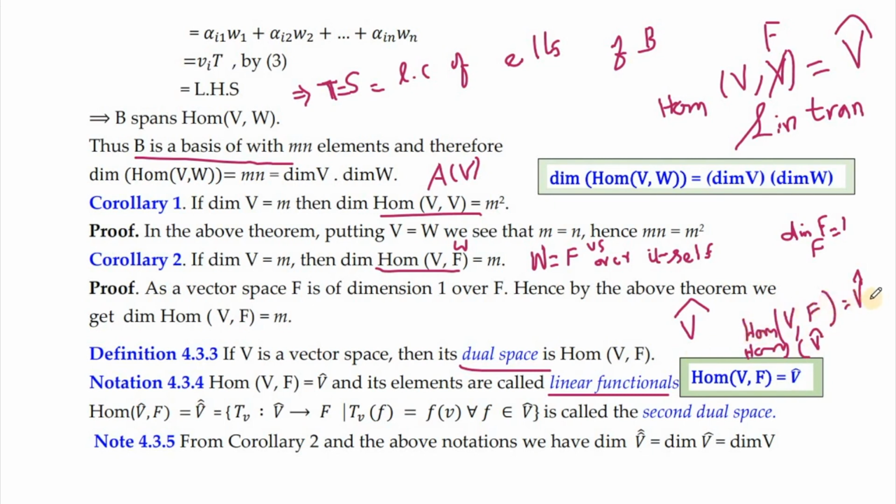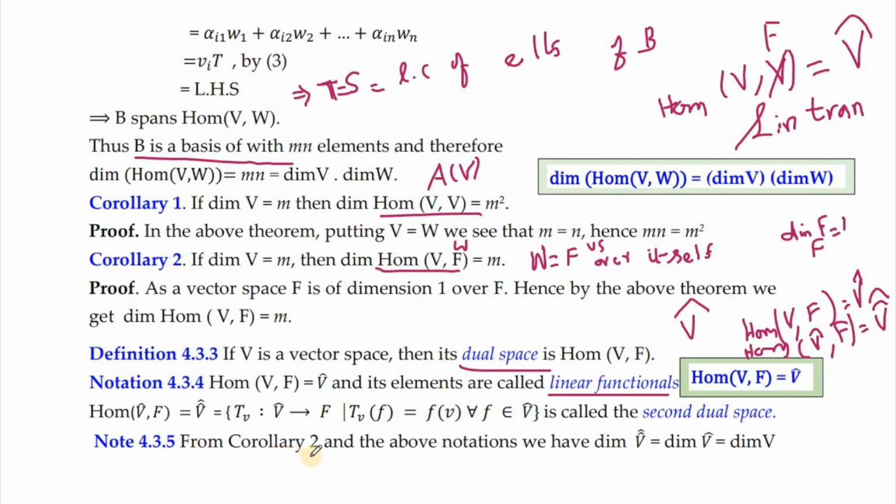This is named V cap and that is a vector space known already. So we can very well talk about Hom(V cap, F). That is denoted as V double cap and is called the second dual space. Even that will be a vector space over the same field F.